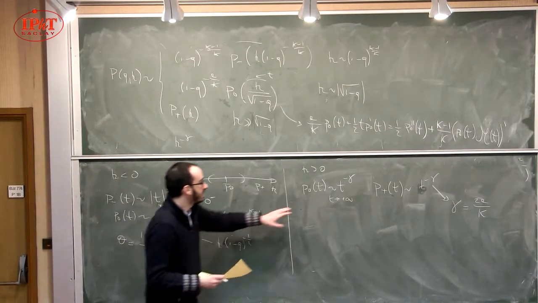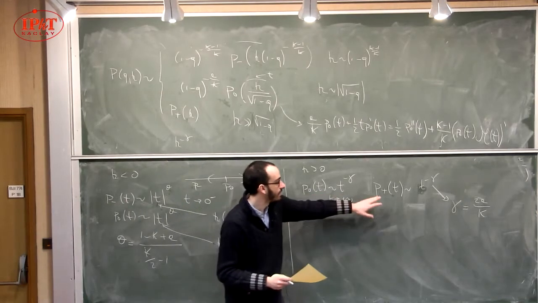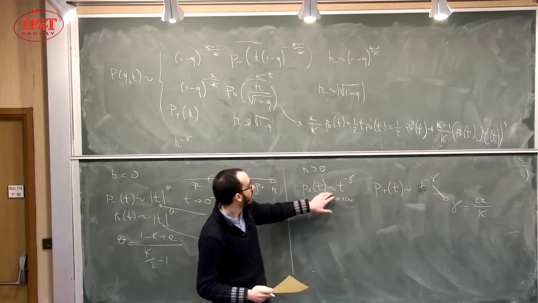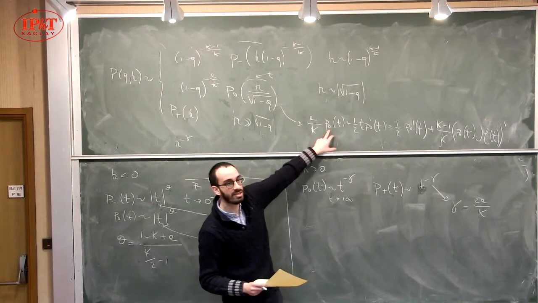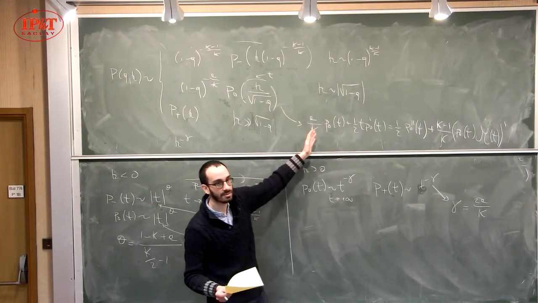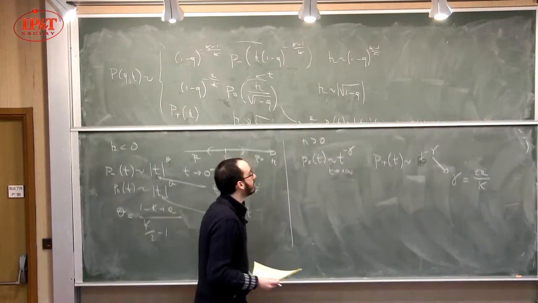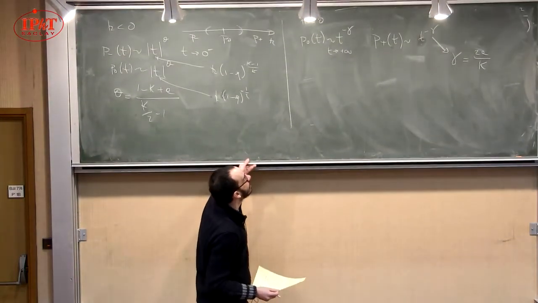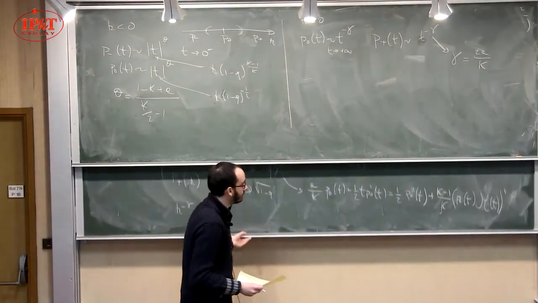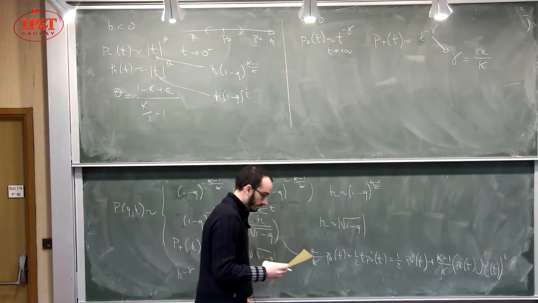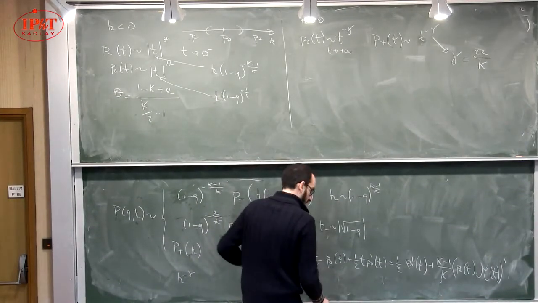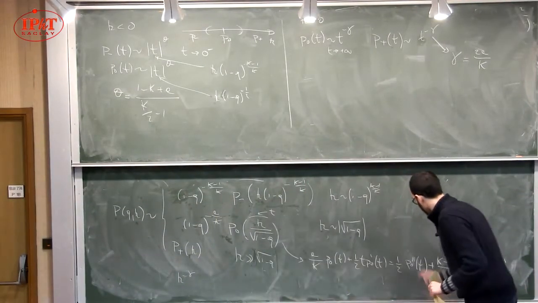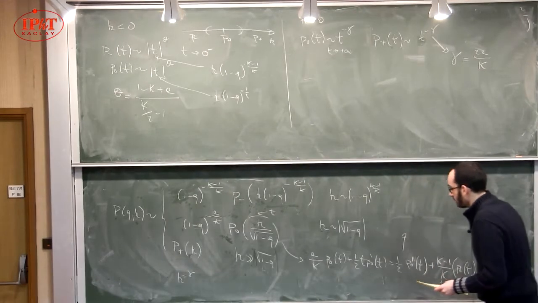Now this is interesting because, of course, this gives you how this function p0 should behave at the boundaries. So let me take back the equation for p0 and write here the boundary conditions.